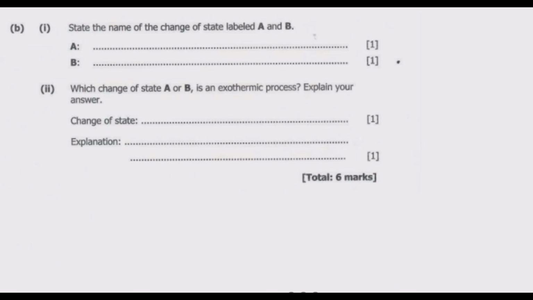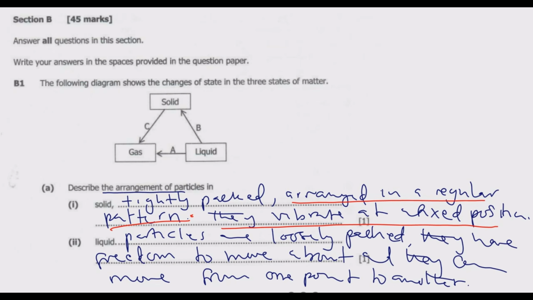Question B. State the name of the change of states labeled A and B. So A and B. So if you notice, I'll start with A. A, we are changing from liquid to gas. If you look at the arrow, so that should be basically evaporation.